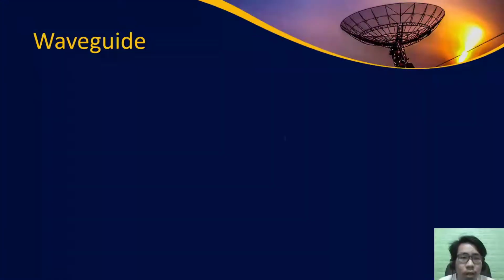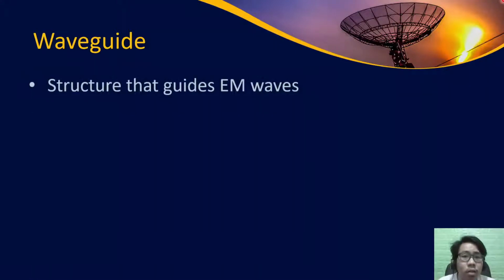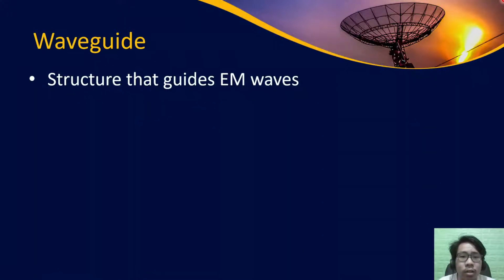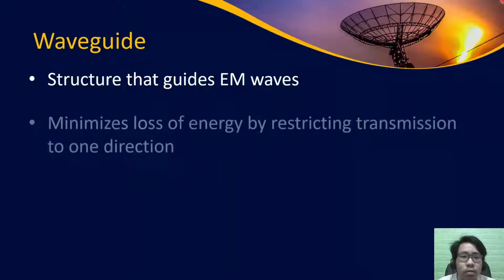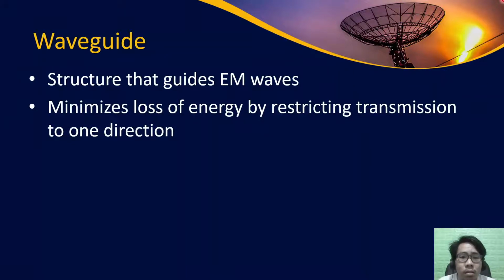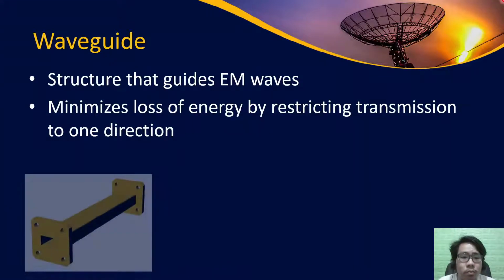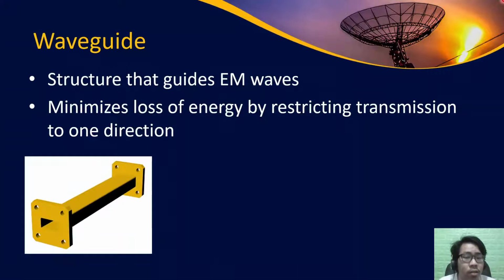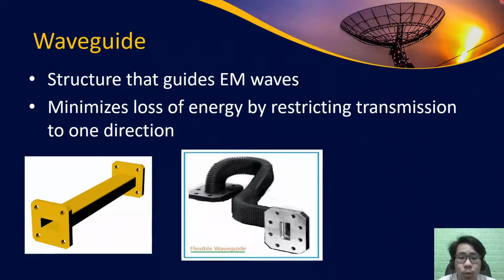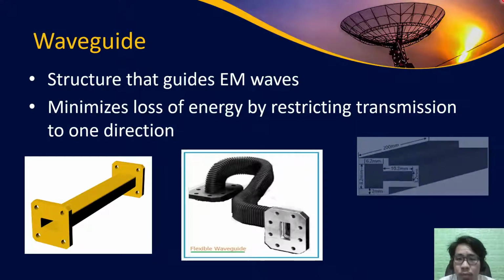So next is the waveguide. The waveguide is a structure that guides electromagnetic waves. It minimizes loss of energy by restricting transmission to one direction. So here is an example of a simple rectangular waveguide. We can also have flexible waveguides, which are also rectangular in shape.